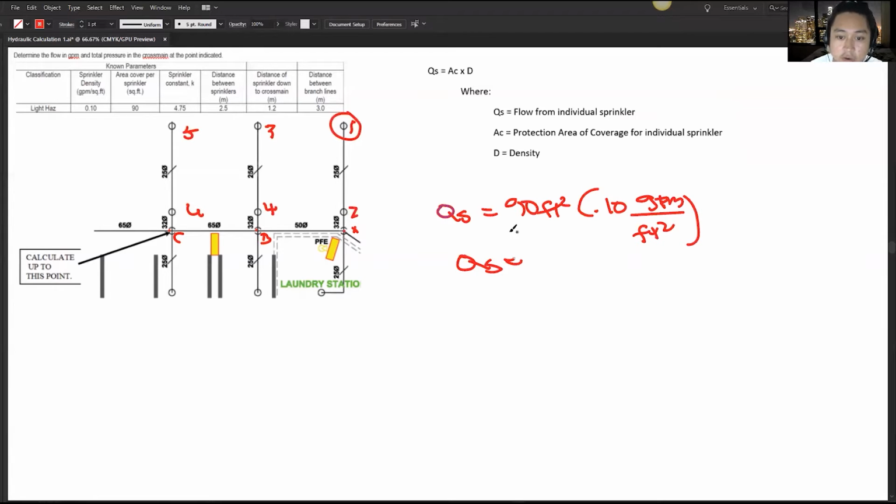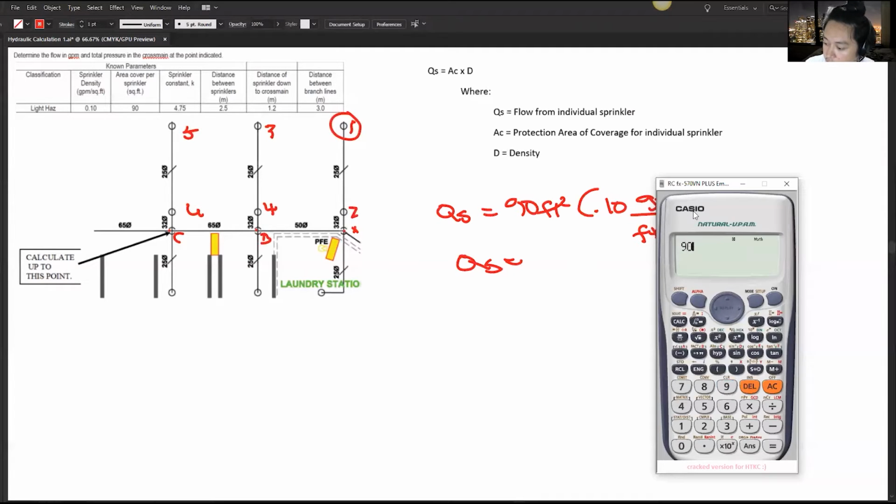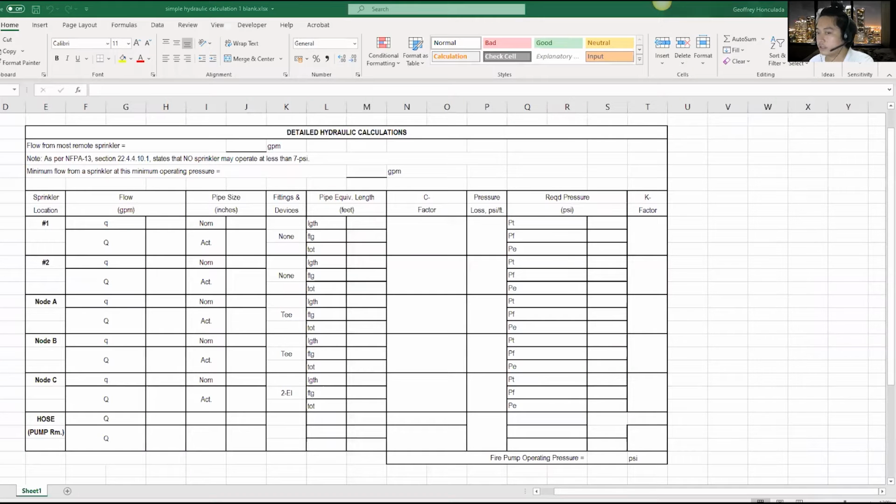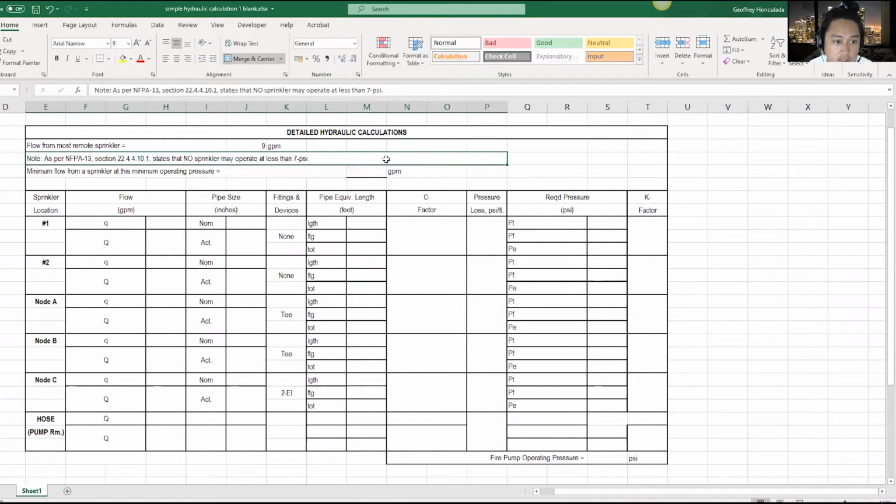So Qs is equal to 90 times 0.10, which is 9 GPM. And we can place this in our table under flow from most remote sprinkler. So we can put 9 GPM here because that's the first thing that you need to know.